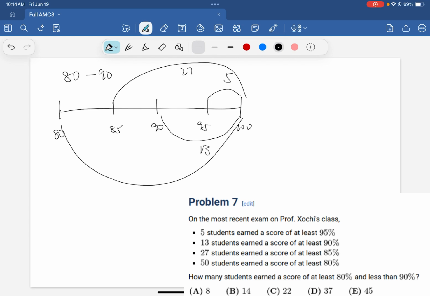And 50 are in this region. So we're asked to find the total number in this region right here. Oops. This region.